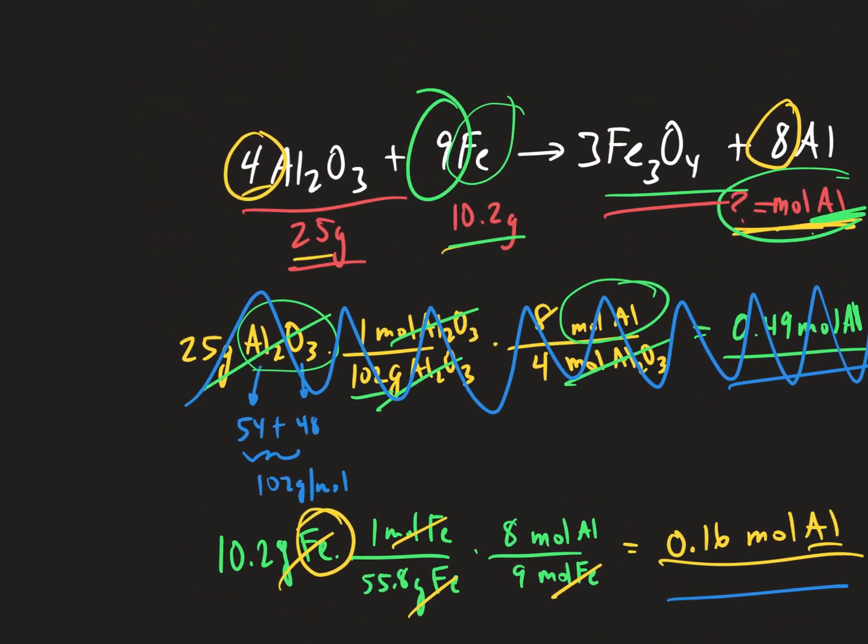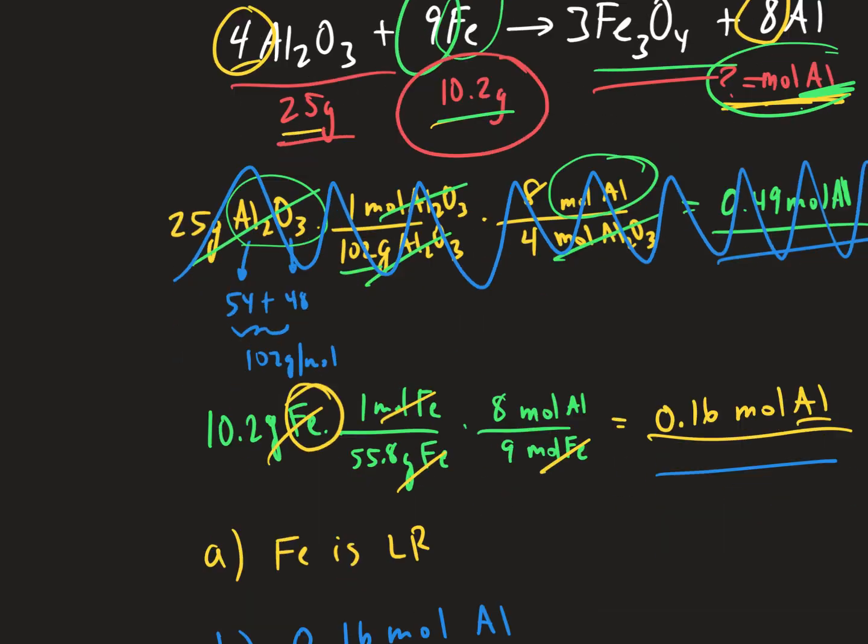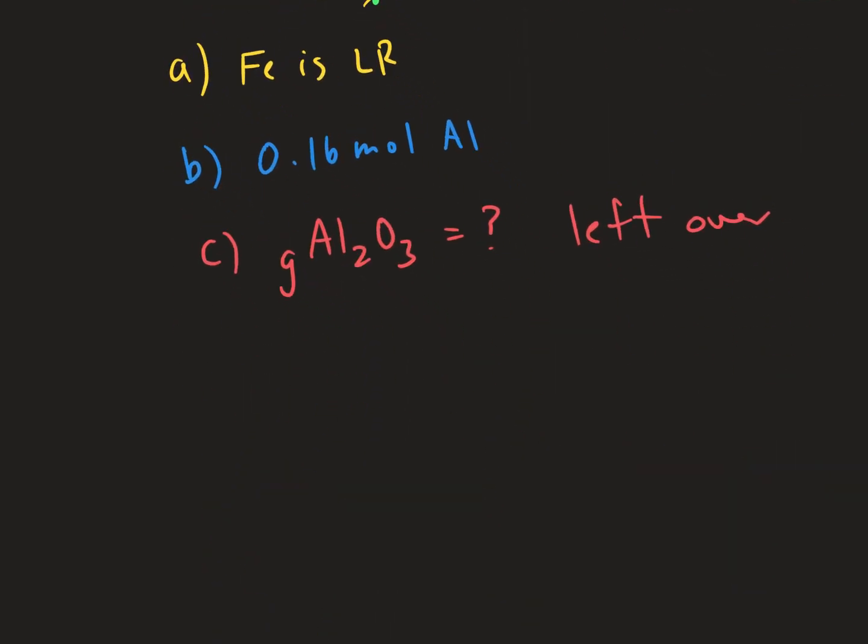So let's start with what we're given. We have 10.2 grams of our limiting reactant. Okay, so we're going to start there. Any questions on why we start there? Good? And we're going to convert this to what?